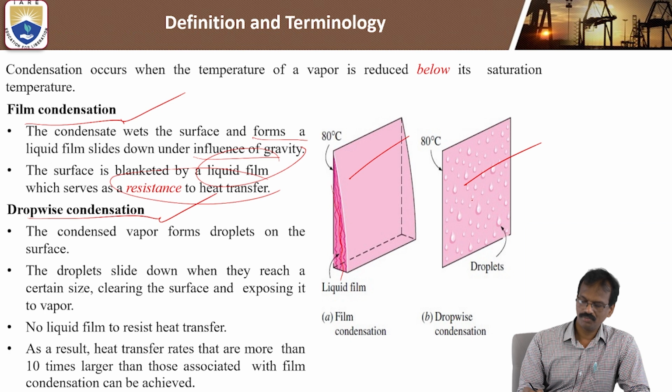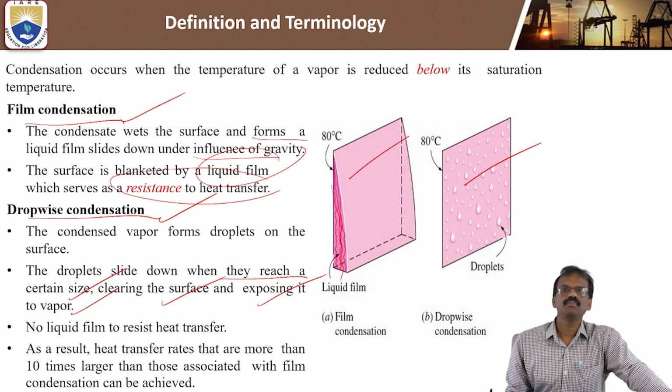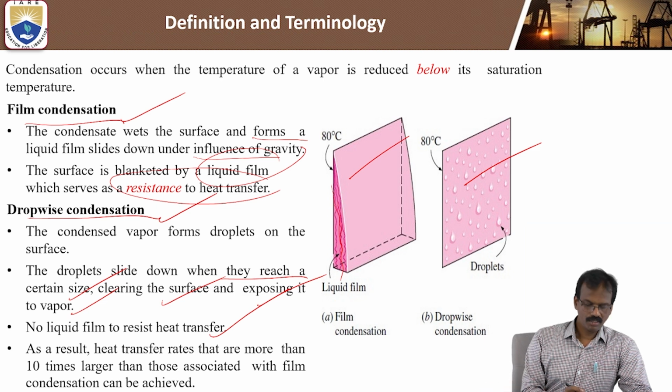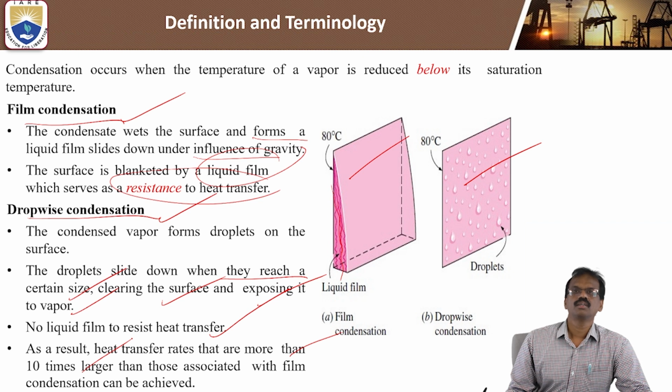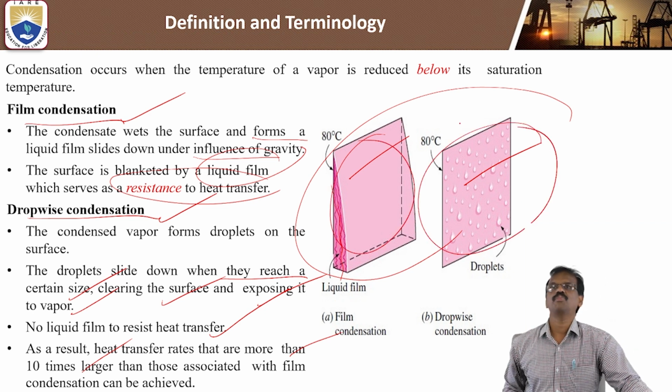If the size of the drops increases, the drops move downward, clearing the surface and exposing it to vapor. So there is no liquid film to resist the heat transfer. As a result, heat transfer rates more than 10 times larger than those associated with film condensation can be achieved. So this is the film phase condensation, and this one is the drop phase condensation.